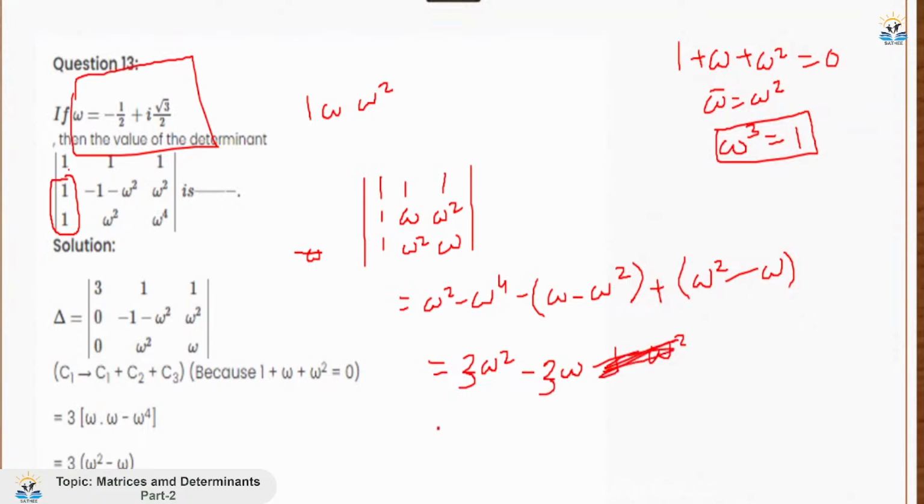And remove this. So you are getting 3 omega common, omega minus 1. This is your final answer as shown here. Okay. Again, a simple one. Just you need to evaluate the determinant.